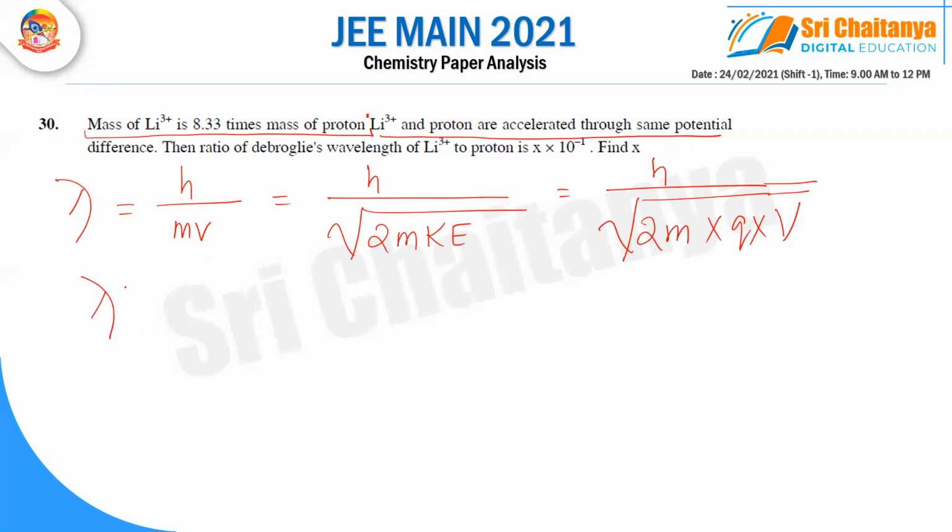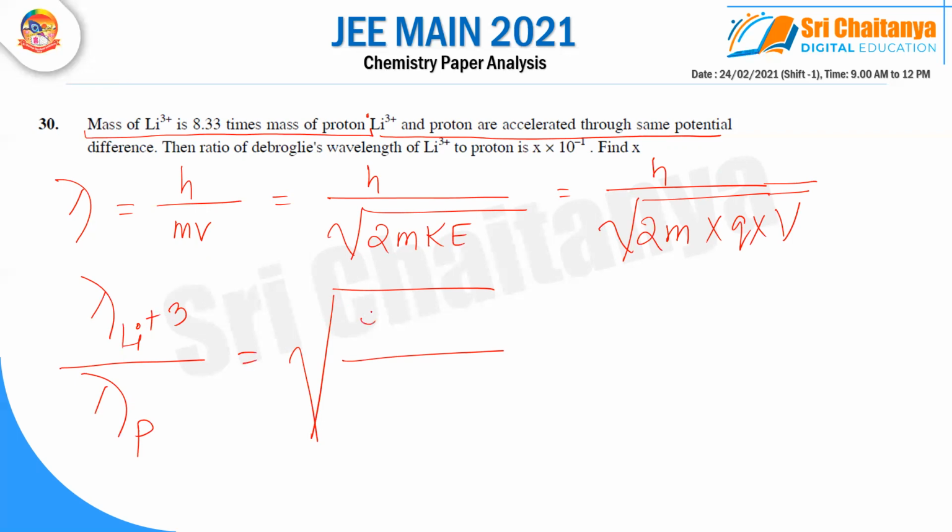So lambda of lithium plus 3 divided by lambda of proton will be equal to, I'm cancelling these constants. What is remaining in the equation, I'm keeping that. So proton things will come up. The charge of proton is e, and the mass is, say, for example, m times of proton, divided by the charge of the Li plus 3, that is 3 times e, and mass, they are giving 8.33 times mass of proton.